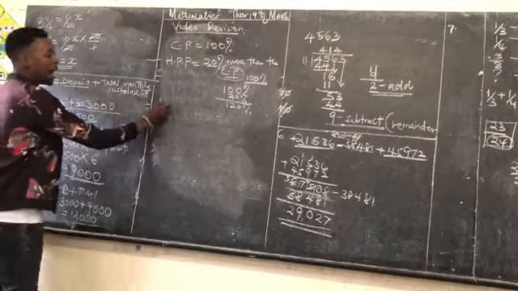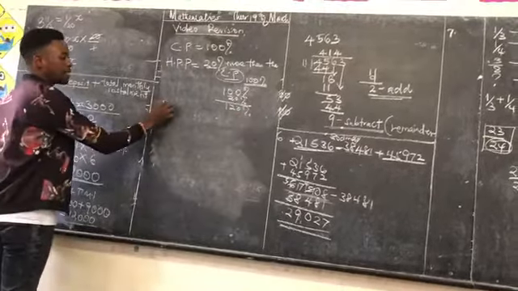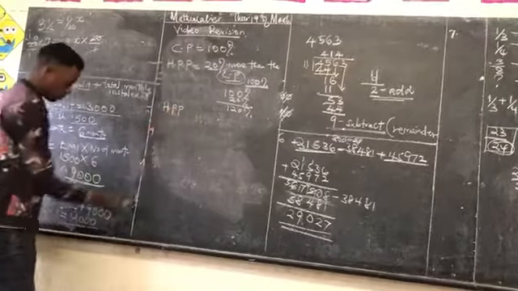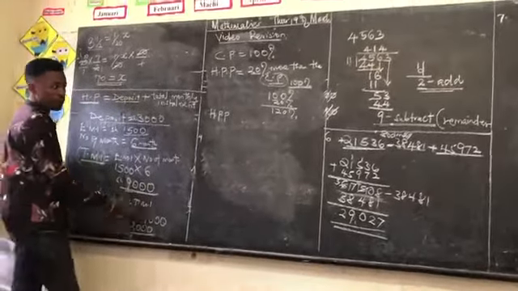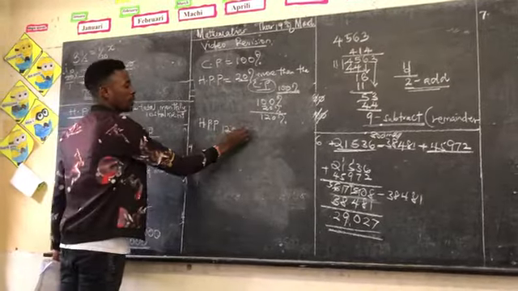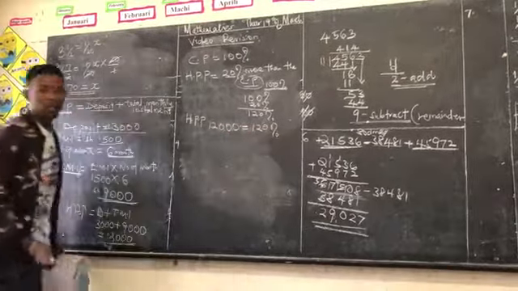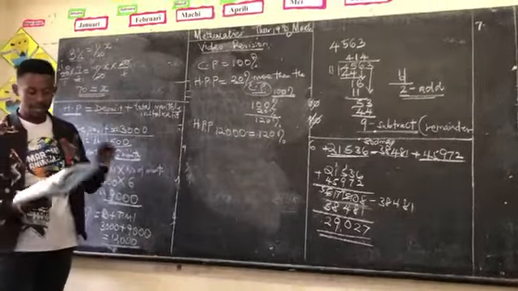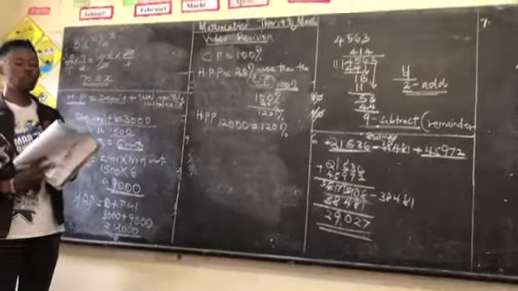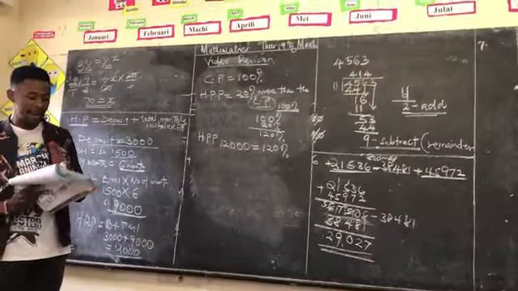So the hire purchase price, which we found as 12,000, that means it is 120%. Why? Because we've been told that the hire purchase price was 20% more than the cash price.